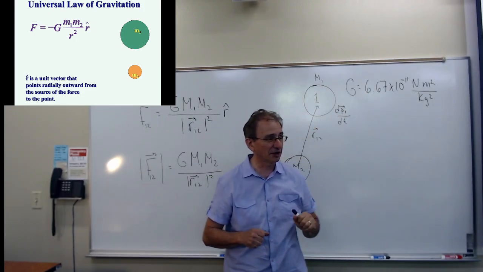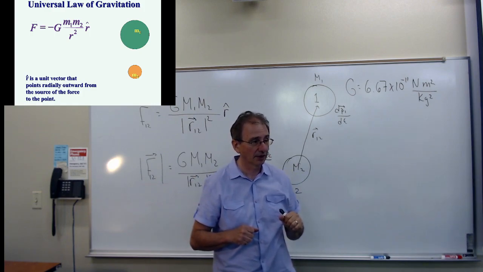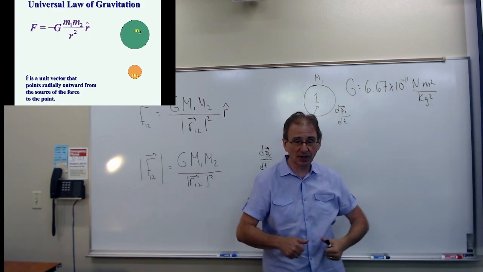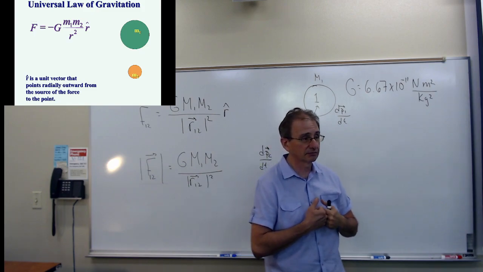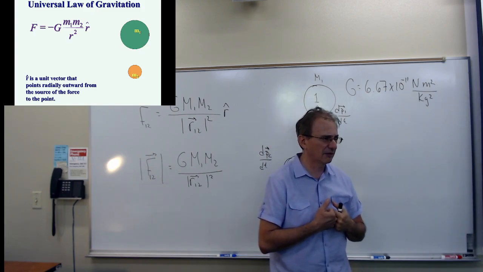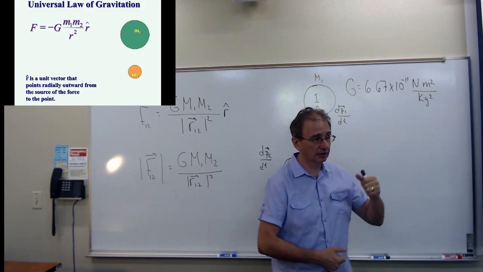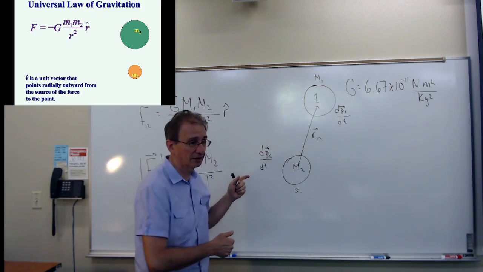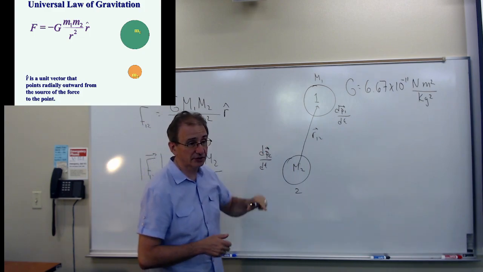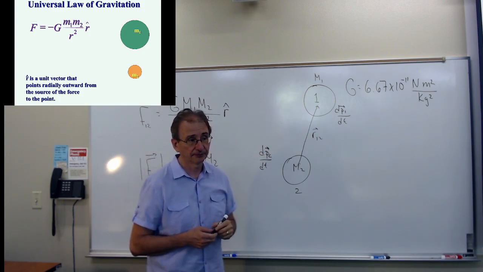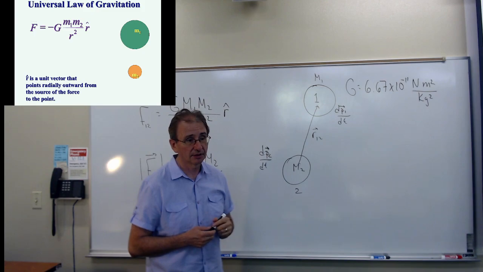But the mass of the Earth is so much greater that the upward acceleration of the Earth is very small. You can't even measure it. So although the forces are going to be equal and opposite here, the accelerations are going to be different because the masses are different in general. Does that make sense? Okay.